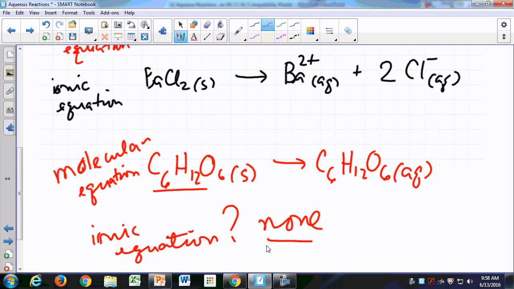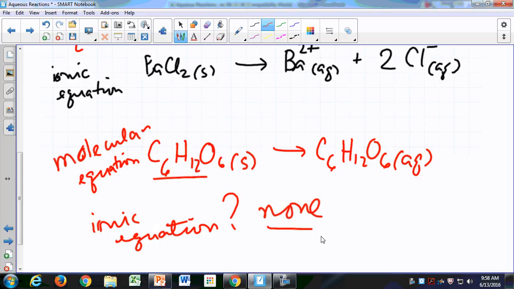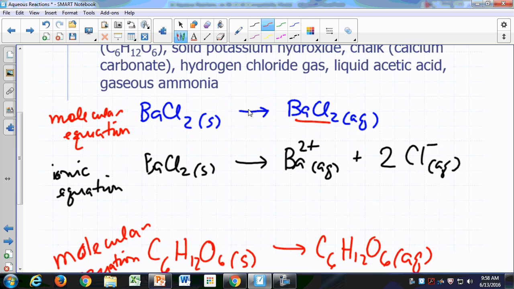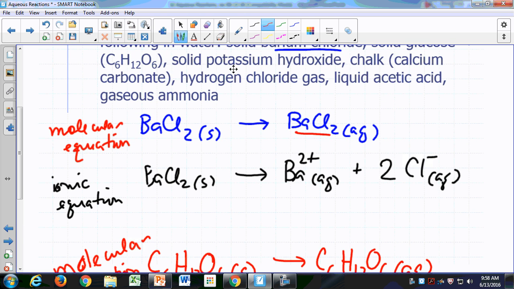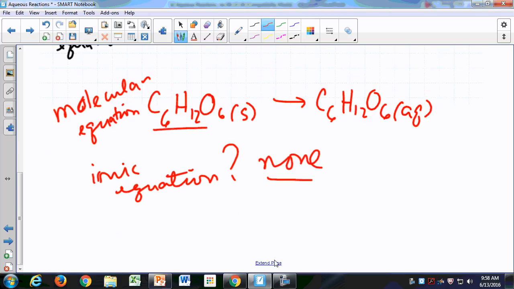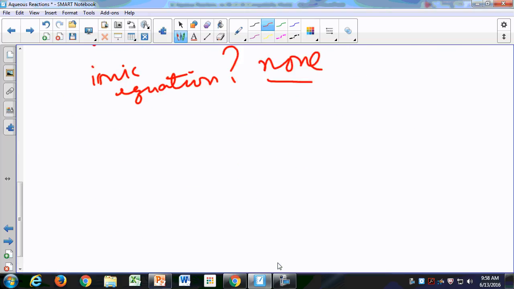Now, weak acids, the other acids, are weak electrolytes. They produce ions, but not a whole lot of it, so you don't use ionic equations for those either. Okay, so let's take a look at potassium hydroxide, KOH, solid.